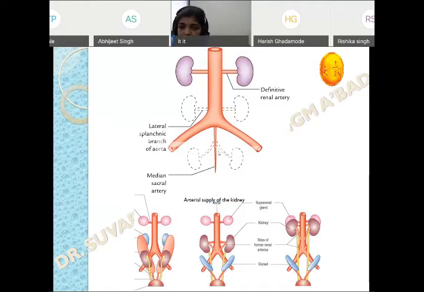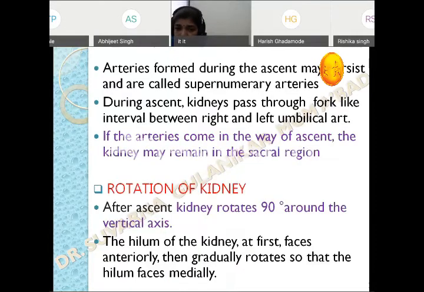This is the median sacral artery, lateral splanchnic branches, and the lateral splanchnic branch at the level of L2 forms a definitive renal artery. Now, the definitive kidney is formed in the sacral region. Now as it ascends, it gets a better blood supply, supplied by the definitive renal artery.